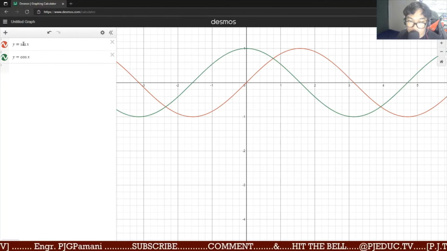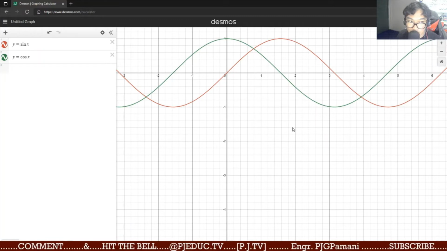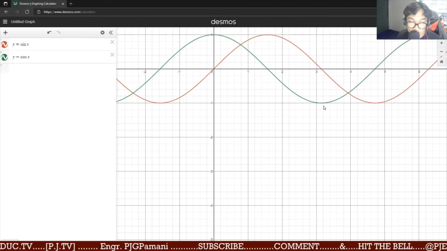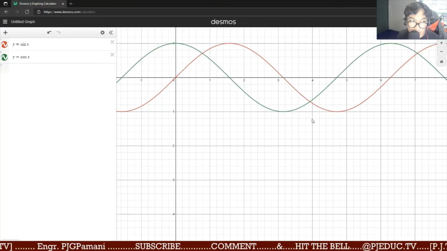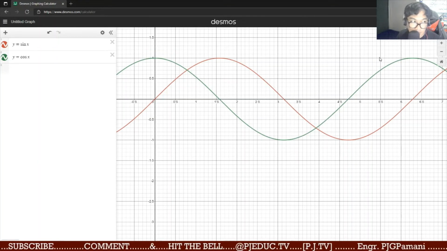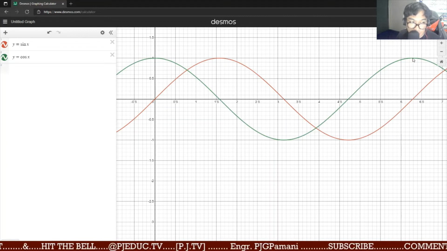Okay, kanina, sine, ang point of starting natin is always at the origin. Pag cosine, mag-umpisa tayo kaagad sa maximum, then minimum. Positive, negative. Then, ang complete oscillation, complete wave is from this point up to this point.